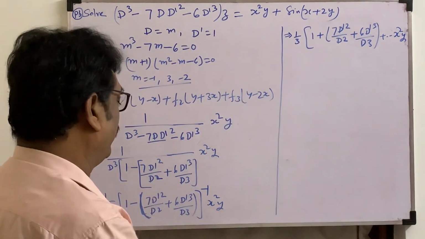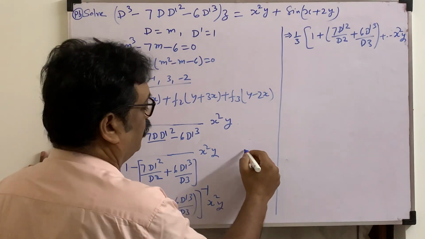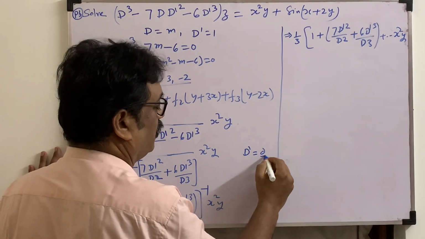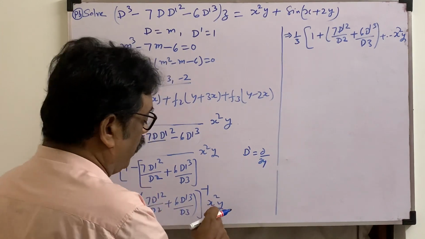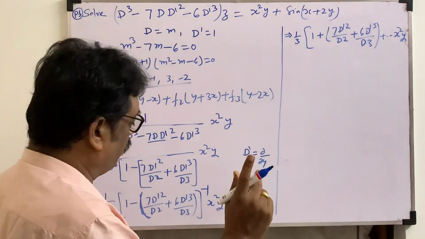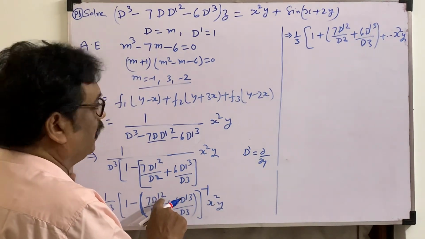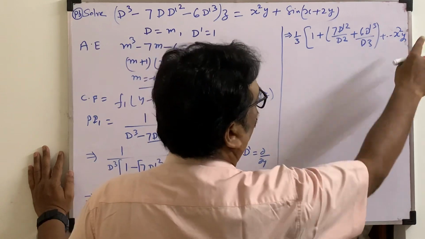How many terms will we write? You see here, the first term is D dash. Already you know D dash means differentiate with respect to y. Here y has only one term. If D dash is applied, y differentiation will come 1. D dash applied again, y will come 0. So second degree onwards we can neglect it.